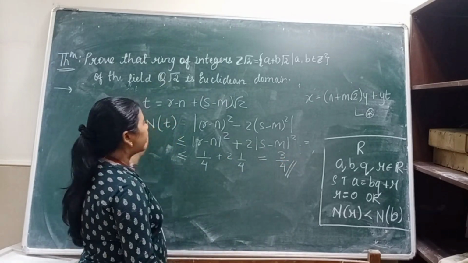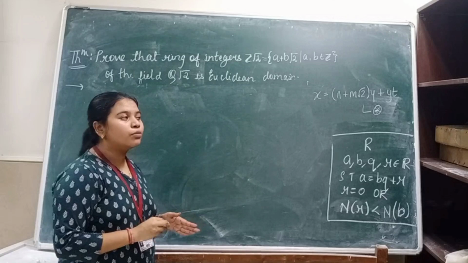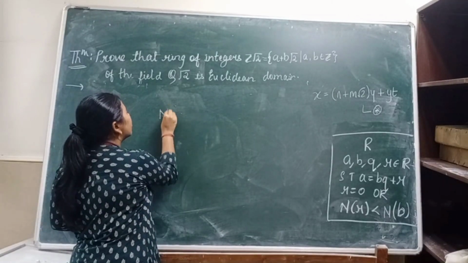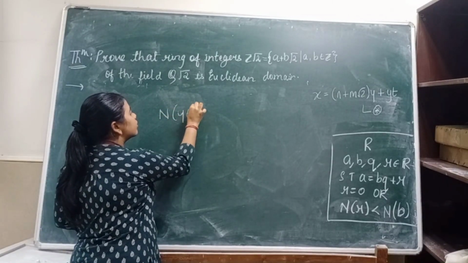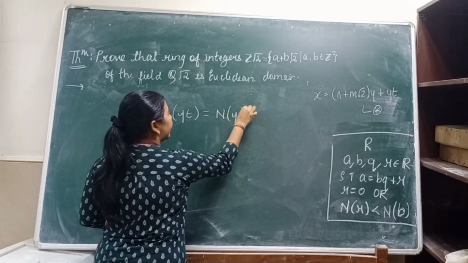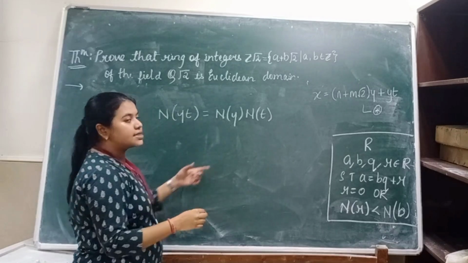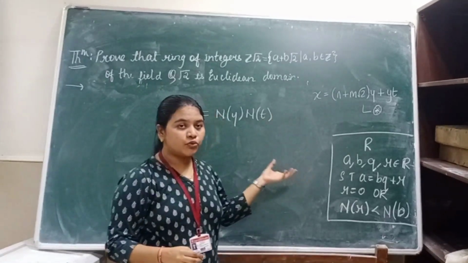We have seen that N(t) is less than or equal to 3/4. By multiplicativity of the norm, N(yt) will be equal to N(y) times N(t). Here we have already seen that N(t) is at most 3/4.